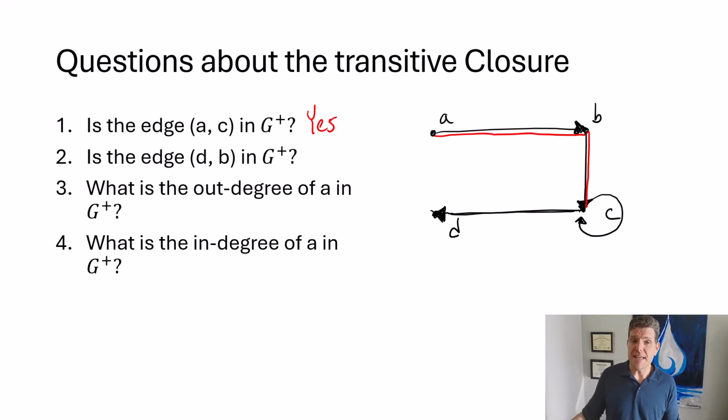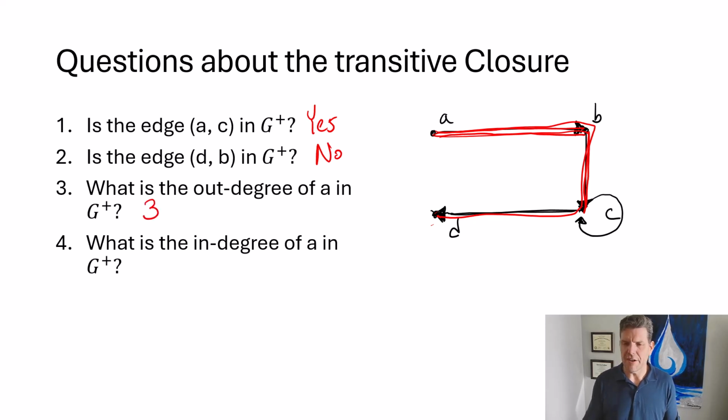Is the edge DB in G+? Well, notice nothing comes out of D, and so there's no way to generate any edge from D to B, so the answer is no. What is the out degree of A in G+? Well, notice that I can get A to B, A to C, and A to D, so the out degree there is actually 3.